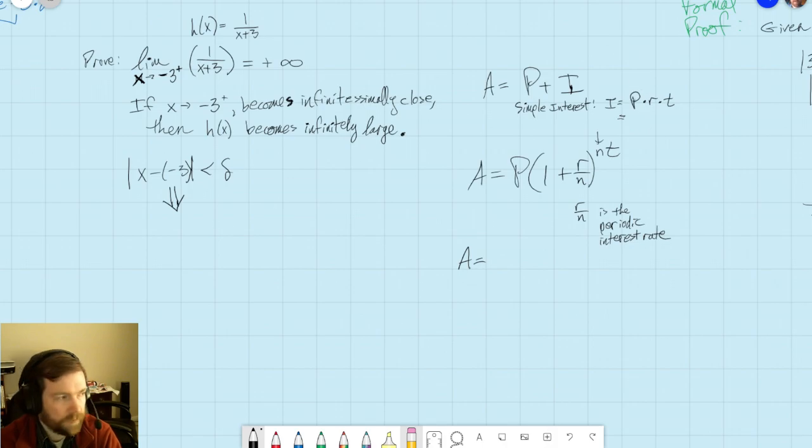So if you take your particular P, let's do something like this. $1,000 times 5% annual interest, for 2 months.